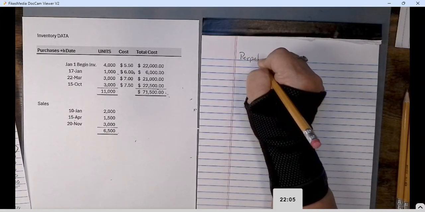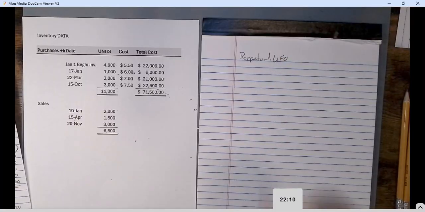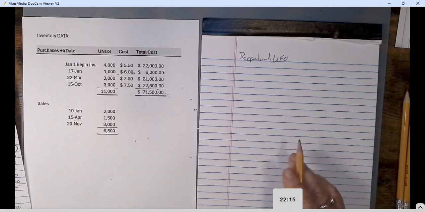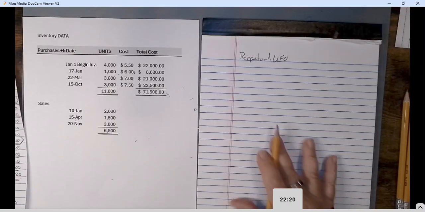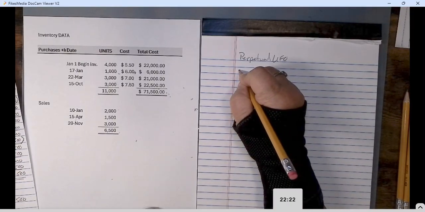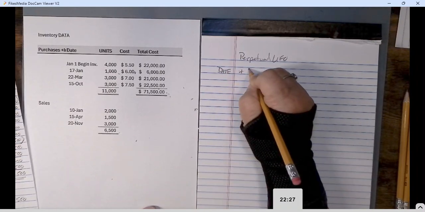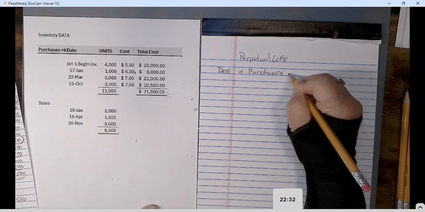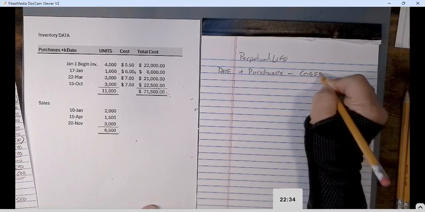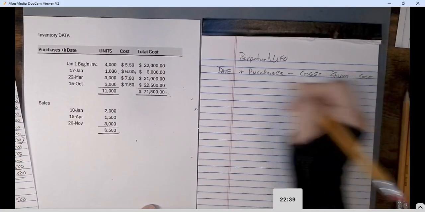Perpetual. Okay. I think one can guess that perpetual is going to be different than LIFO. So let's head up the columns with a date, purchases, okay.